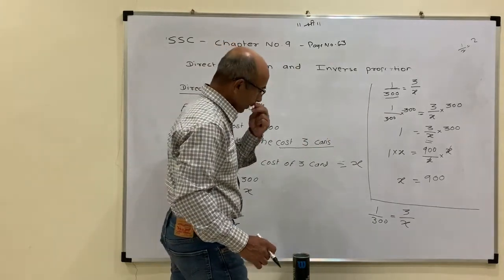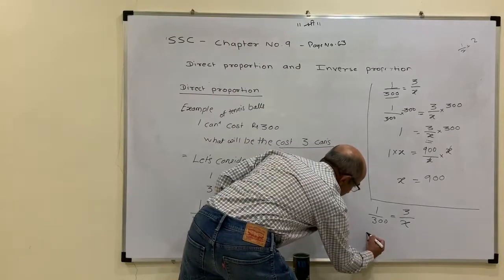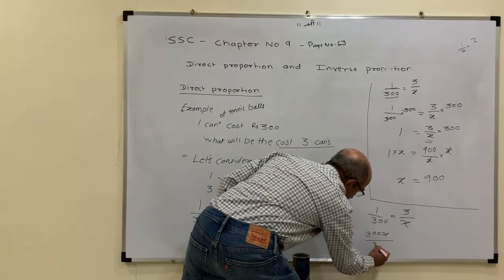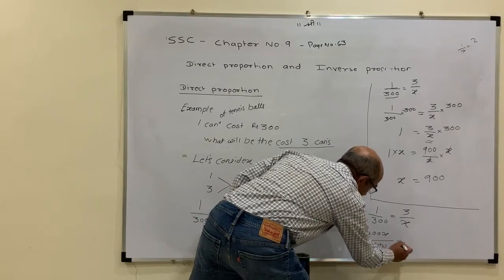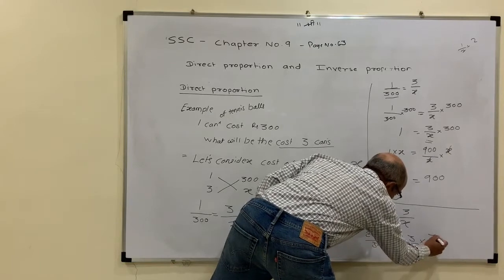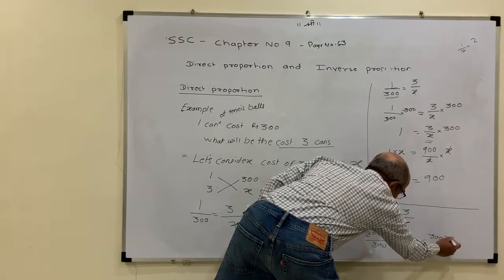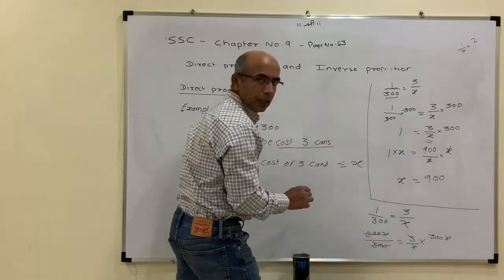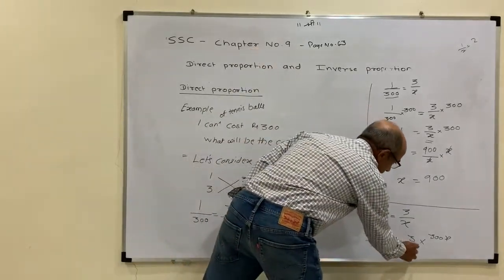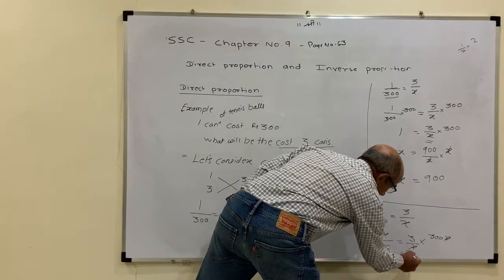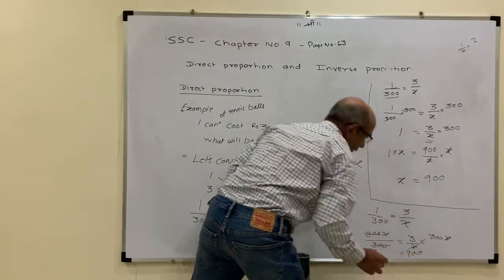If we multiply both the sides by 300x, here it will be 300x divided by 300. On this side, 3 divided by x into 300x. So now here 300 is gone, what is left is x. Here x is gone, what is left is 3 into 300, that is nothing but 900.